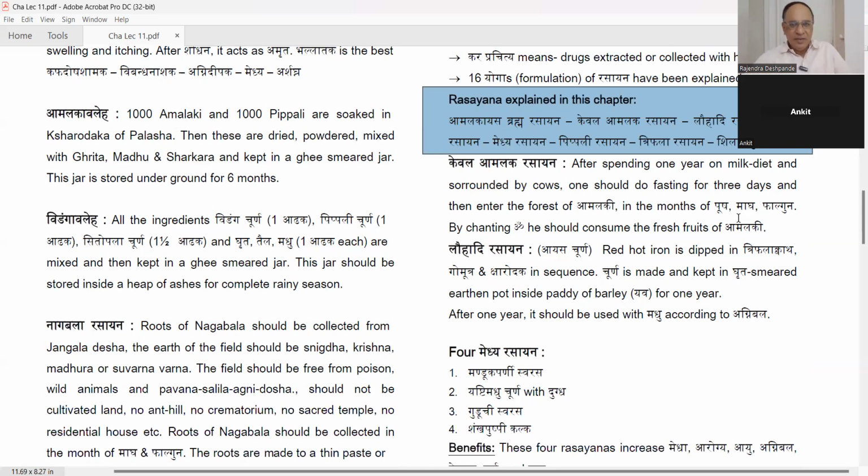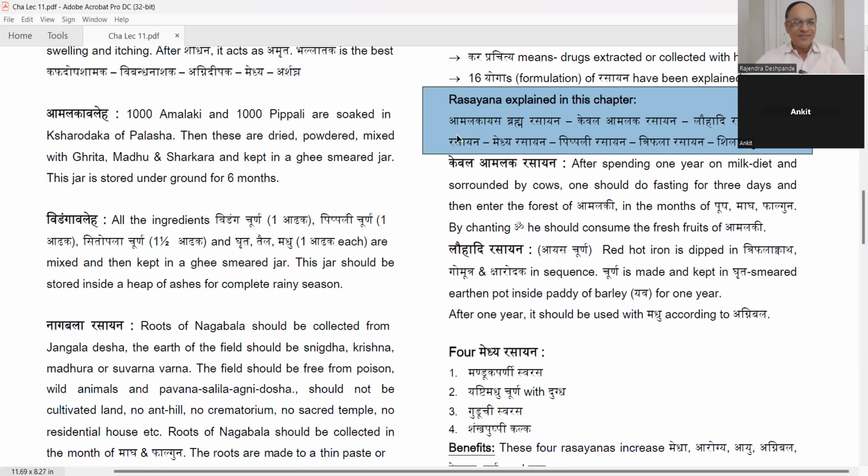Can you see here? Amalakayasa Brahma Rasayan. Second, Keval Amalaka Rasayan. Next, third, Lauhadi Rasayan. Loha is iron. Lauhadi Rasayan for anemia, Pandu Vyadhi.